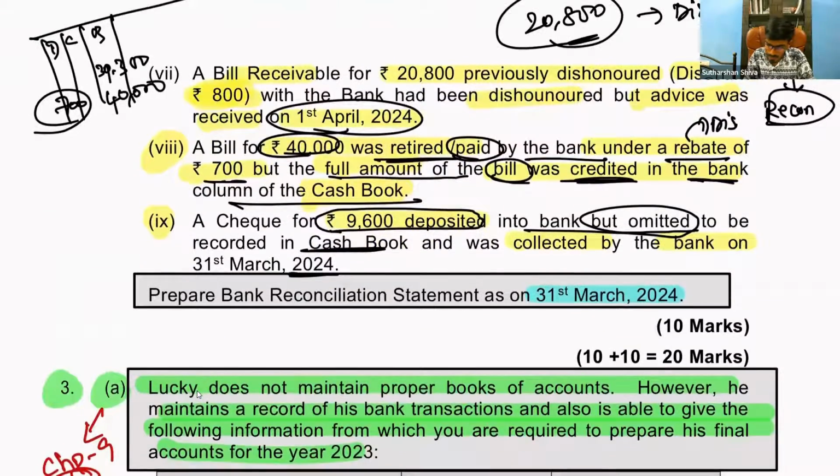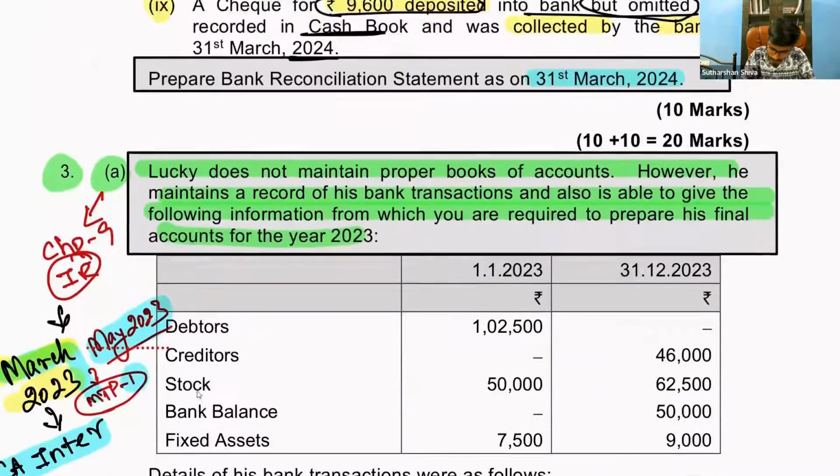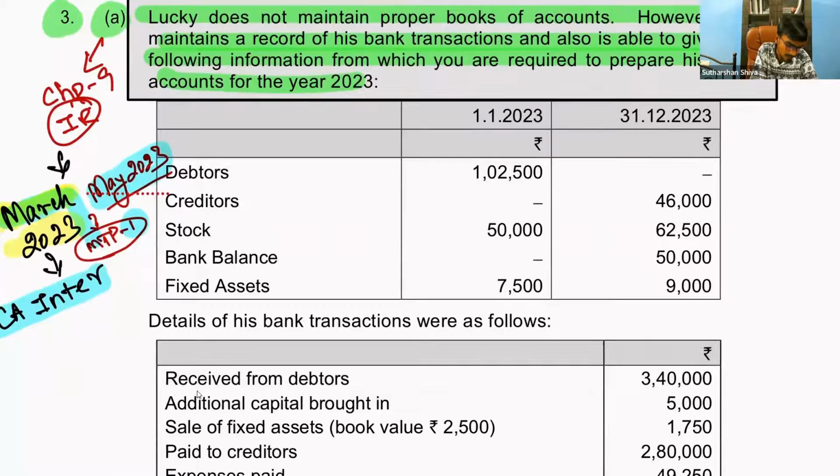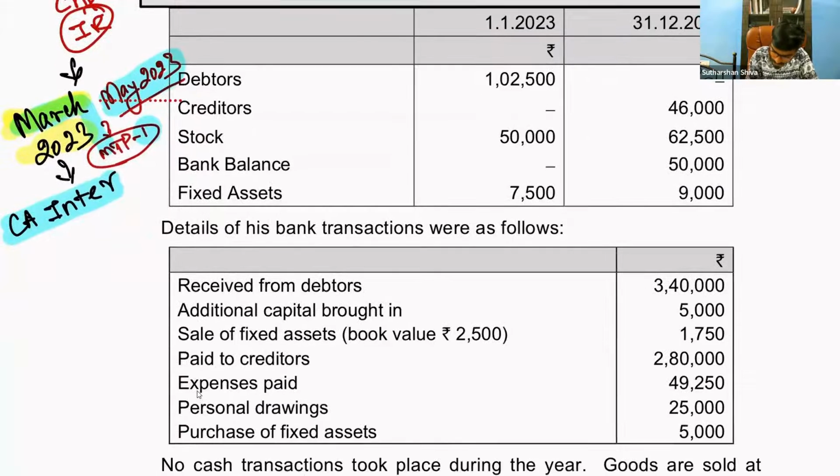Then we'll quickly go through 3A. 3A is based on Lucky, who does not maintain proper books of accounts, so you need to prepare the transactions. All the values have been given, but the point here is that I need to find out the debtors closing value, the creditors opening value, and the bank balance opening.